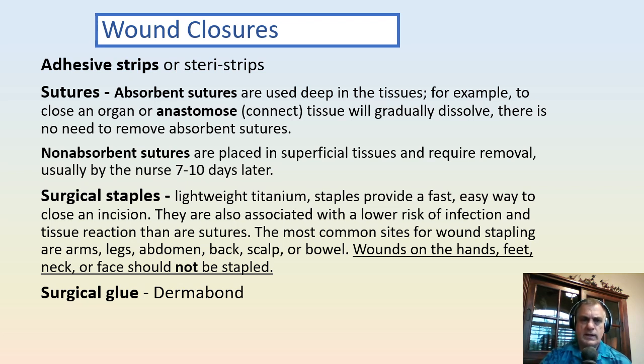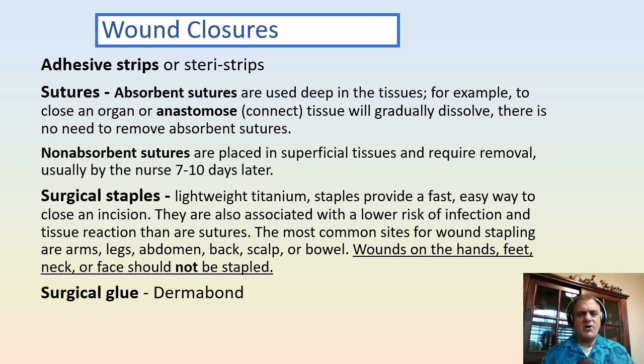And then look at the surgical staples. You can see these done over the surface areas, not the bony prominences, but surface areas of the skin where there's soft tissue underneath, particularly wounds over the arms, legs, and the abdominal cavity is classic.